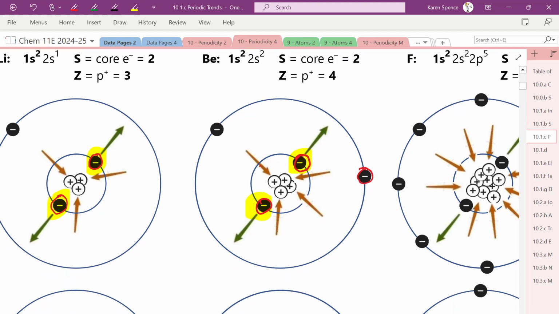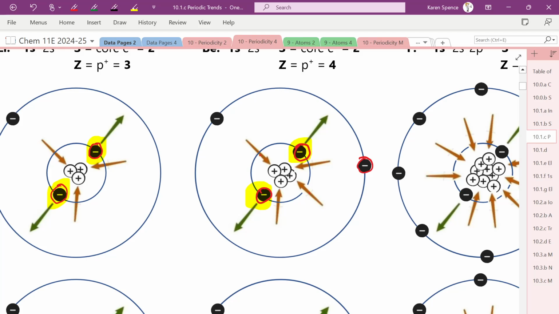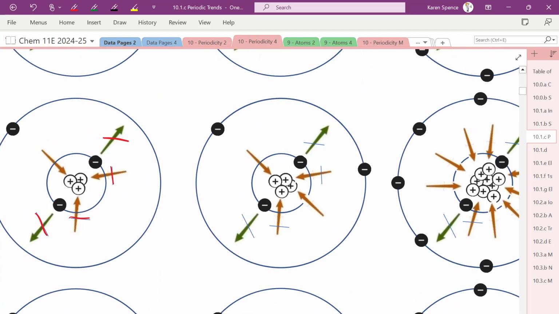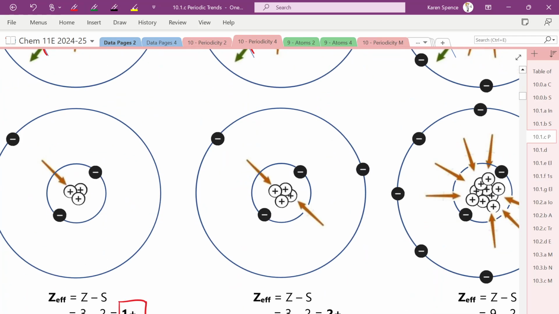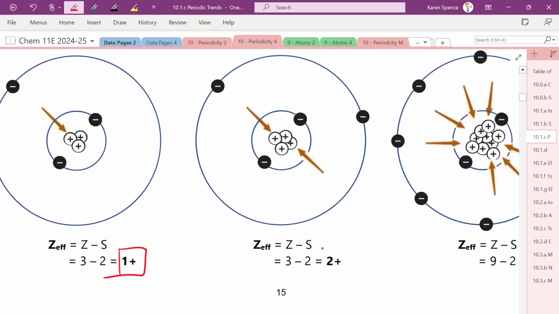So we still have two pushes canceling two pulls. But now instead of having one pulling in thing, we have two pulling in things. So our Zeff is +2.